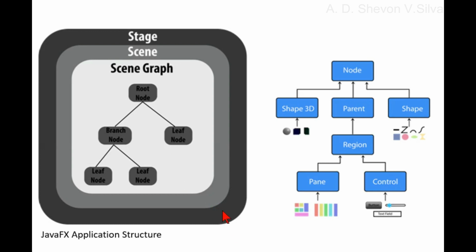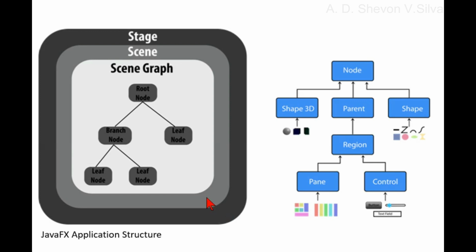At one instance, a scene object can only be added to one stage. In order to implement a scene in our JavaFX application, we must import the javafx.scene package in our code. The scene can be created by creating a Scene class object and passing the layout object into the Scene class constructor.